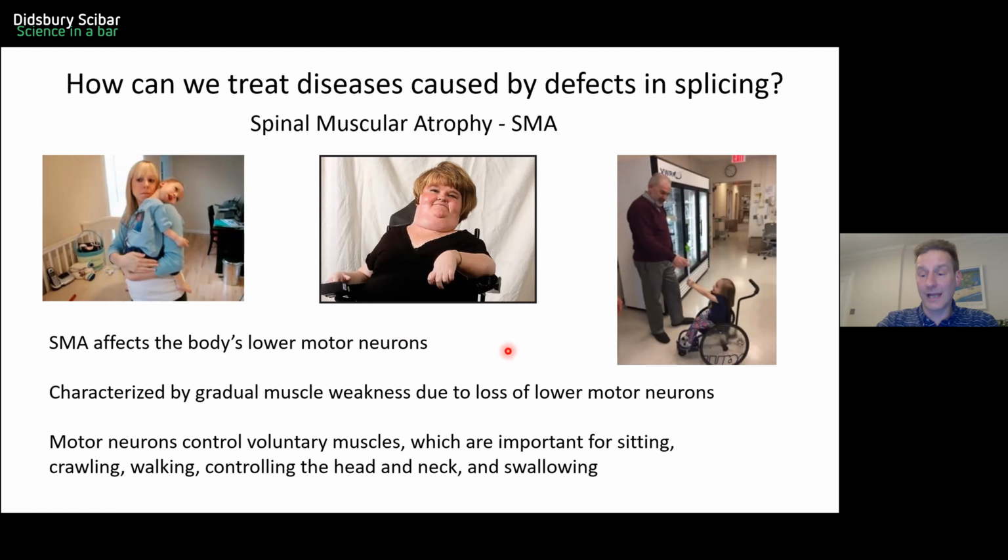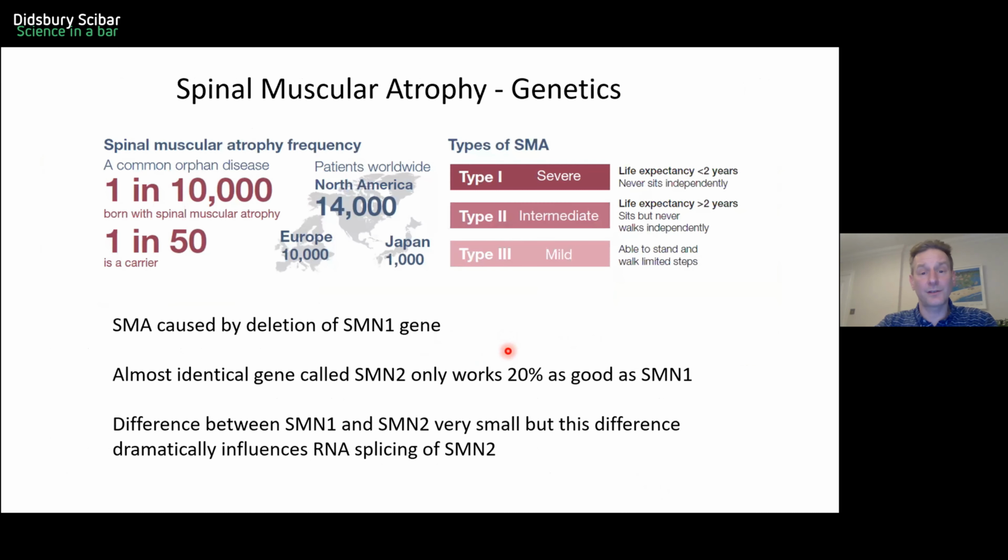What happens is that you get a deletion in a gene called SMN1, so that gene isn't there anymore, but we have in our body another almost identical gene called SMN2. And that gene only works 20% as well as SMN1.